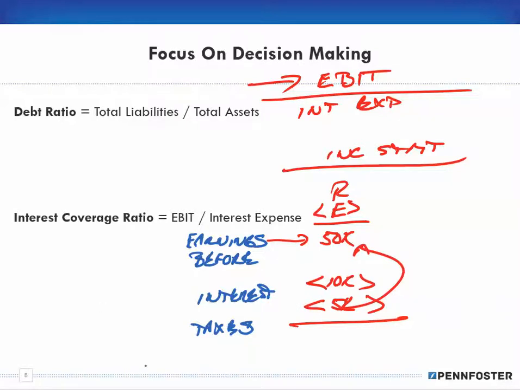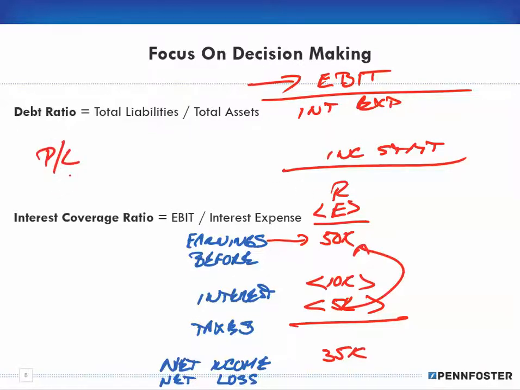And that gives us our net income or net loss for that particular accounting period. So in this case here, we actually have a net income of $35,000.